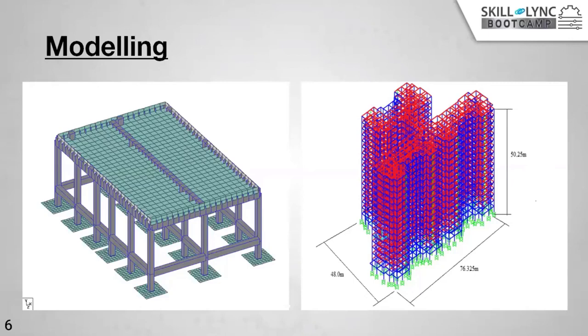For example, for a simple story, we need a column, a beam, and either the foundation node or a foundation model itself, and there should be a beam supported by columns, and the beam used as a support to the slabs.